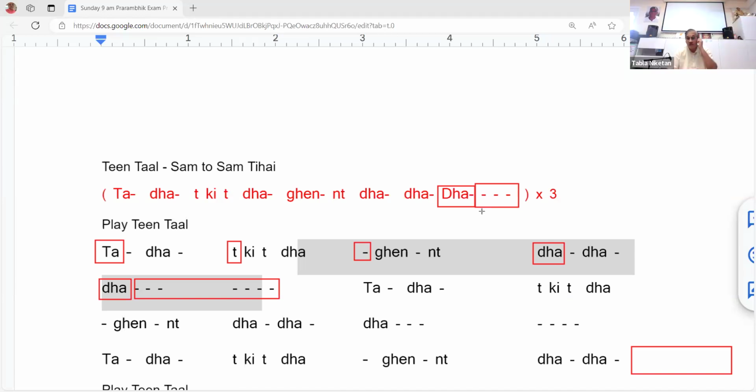The last dha you didn't say. Dha, you have to say, 1 2 3 1 2 3 4. You are omitting the last dha, which is not correct. Okay, try one more time.